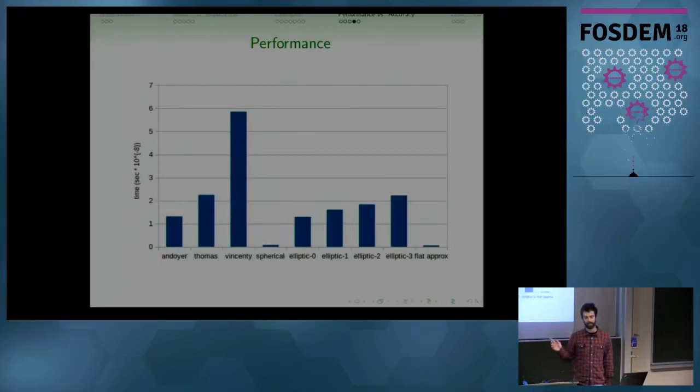Yes, maybe this makes sense, but what I'm saying is that there are also some problems with corner cases. For example, Andoyer may have a problem in corner cases or near antipodal points, and the elliptic arc will have problems with segments that have similar latitude. So it's very inaccurate in these cases.